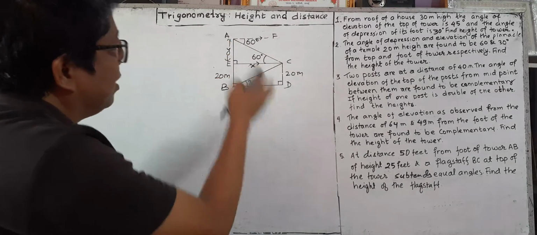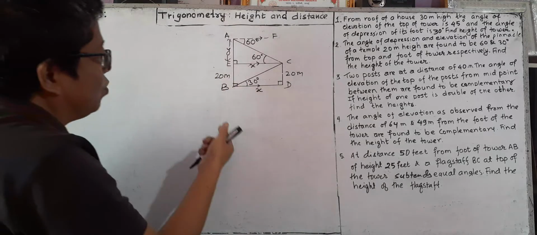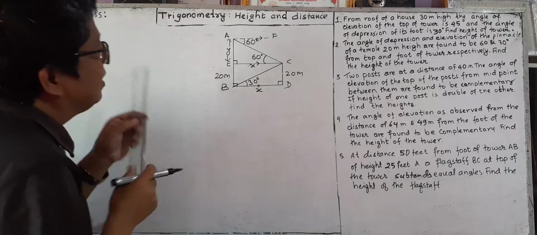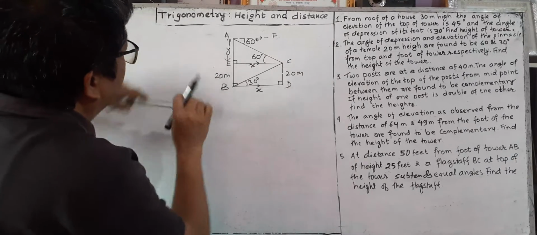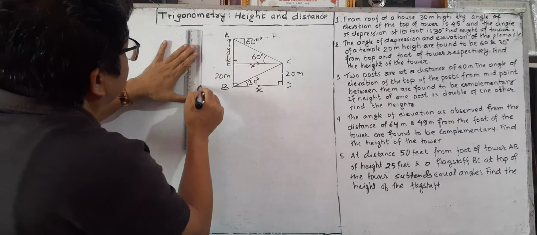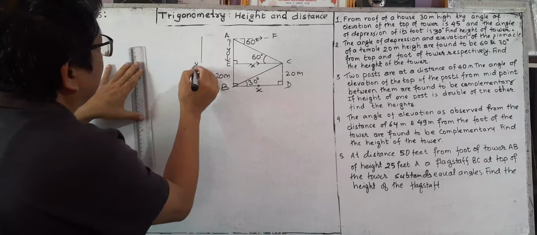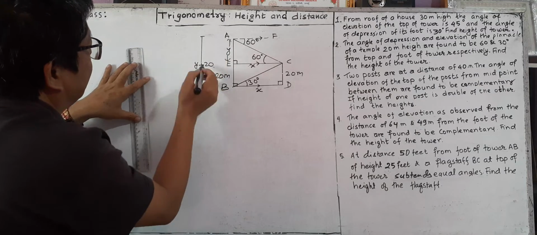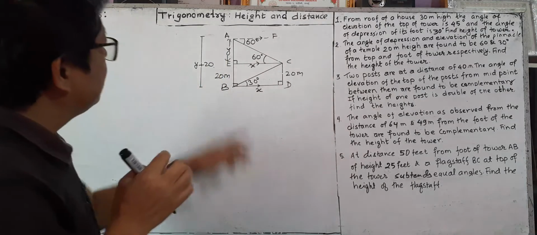It is similar to the previous one. We have to find the height of the tower. The total height is y plus 20. So you have to find y.